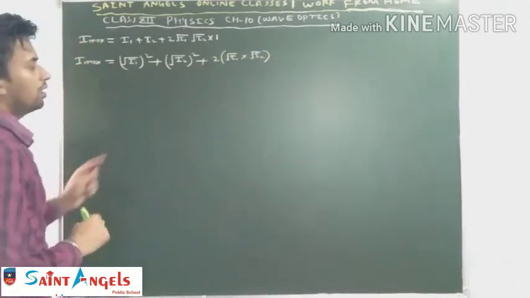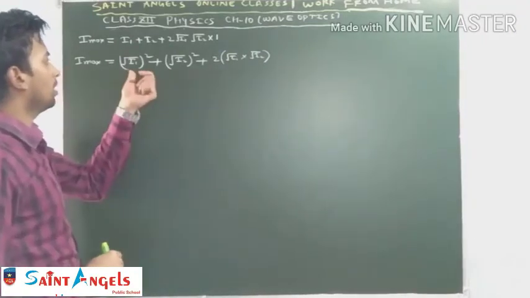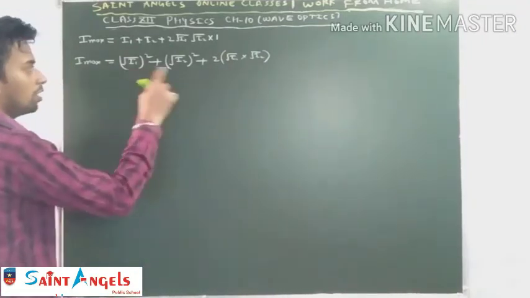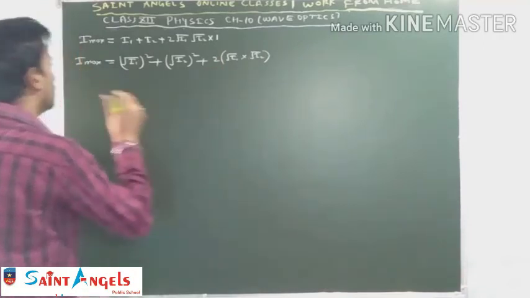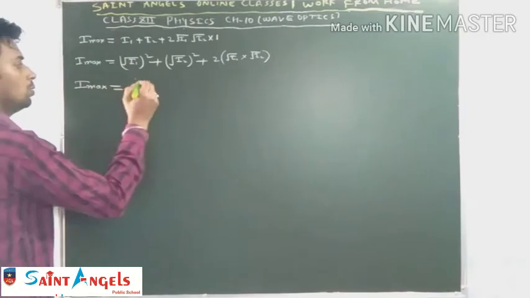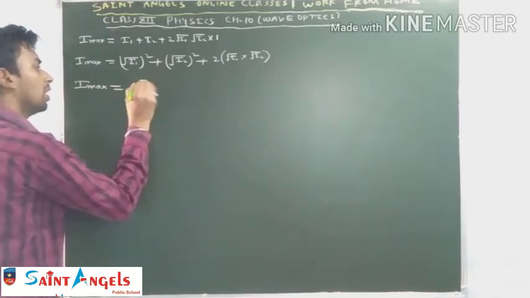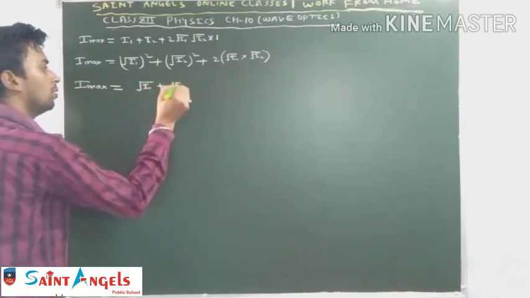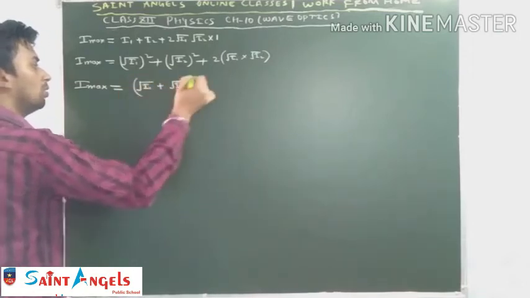It is clear that this is the formula of A plus B whole square: A square plus B square plus 2AB. That's why maximum intensity is equal to root I1 plus root I2 whole square.